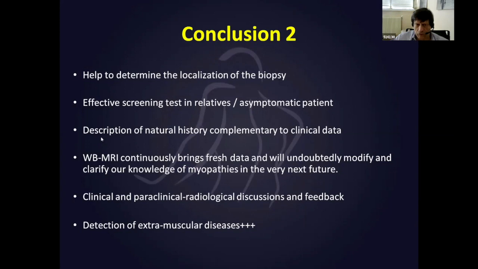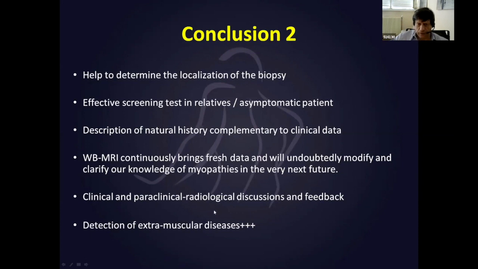More and more, the description of natural history is performed to have complementary data after clinic. Whole-body MRI continuously brings fresh data and will undoubtedly modify and clarify our knowledge of myopathies in the very near future.